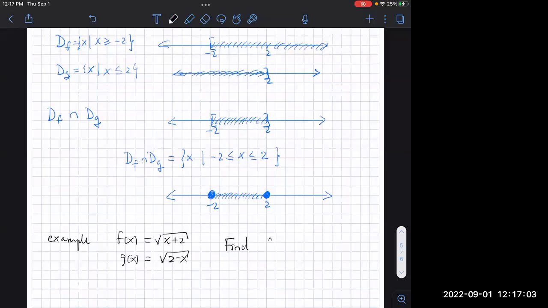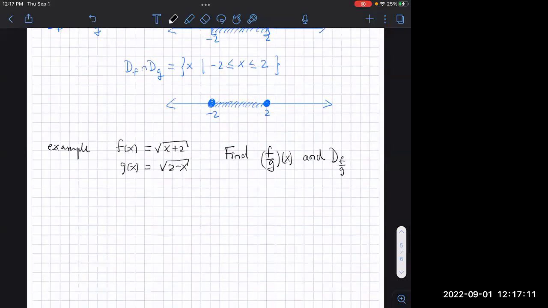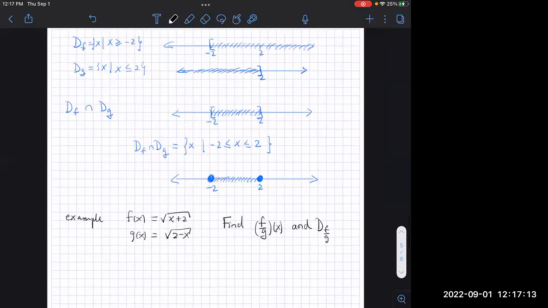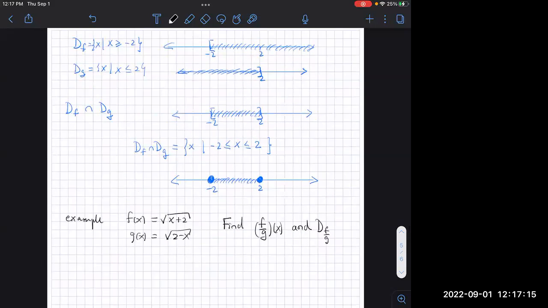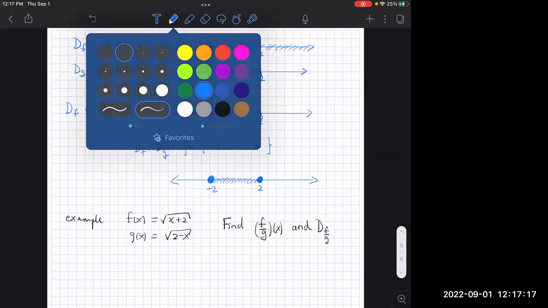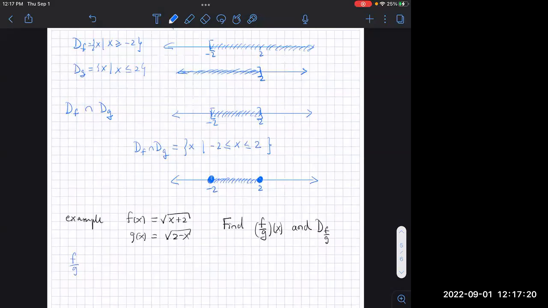Find f over g of x and the domain of f over g. Let me give you a minute to do this. You're going to start with f over g of x is f of x over g of x, right? So continue from there.